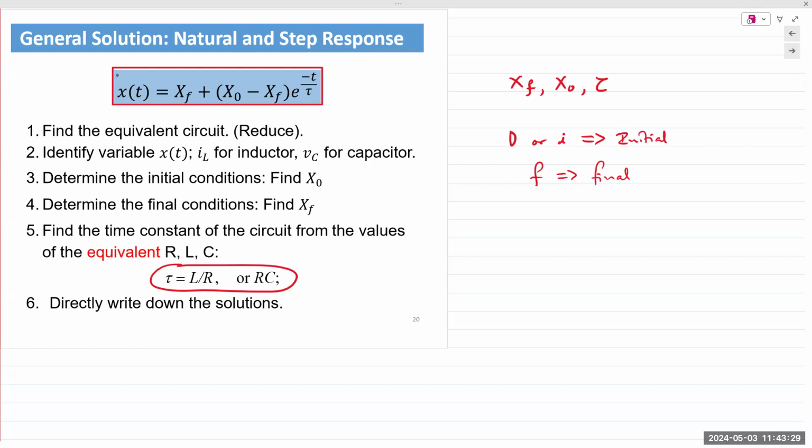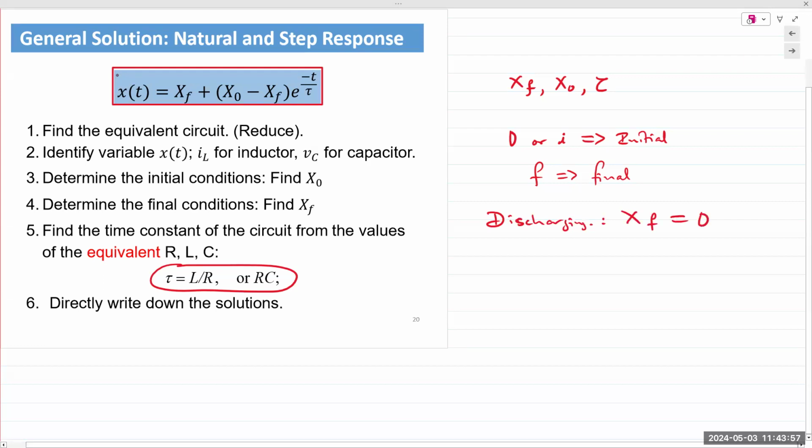If you're talking about a natural response circuit, discharging, what is the final value? 0, right? It always is 0. So for discharging or natural response circuits, the final value is always 0.